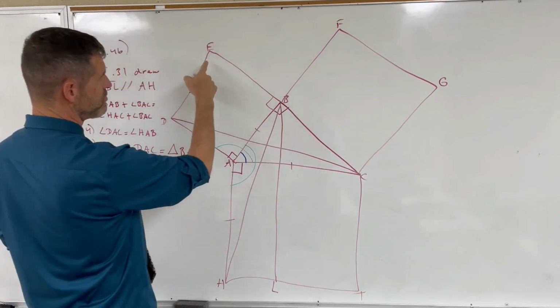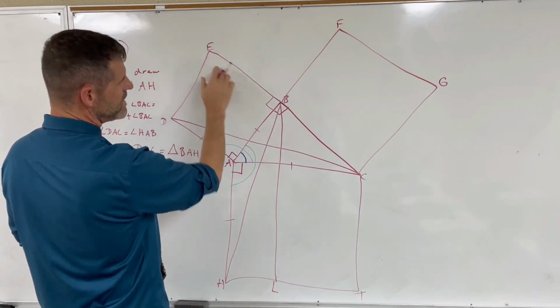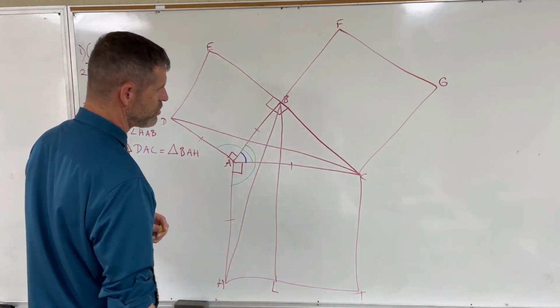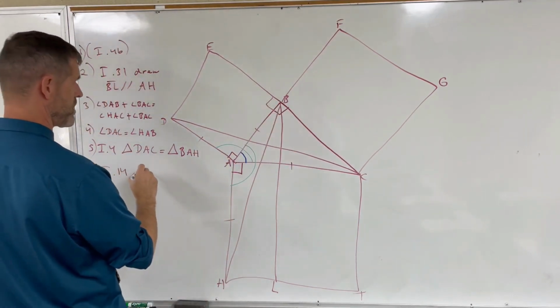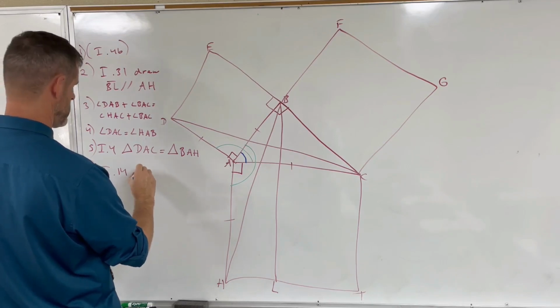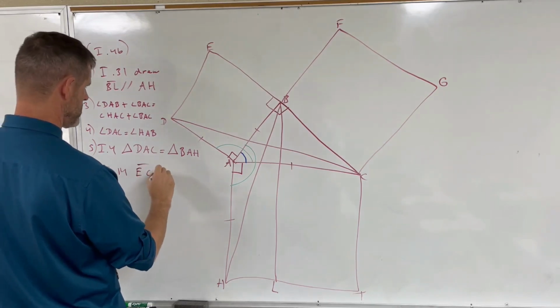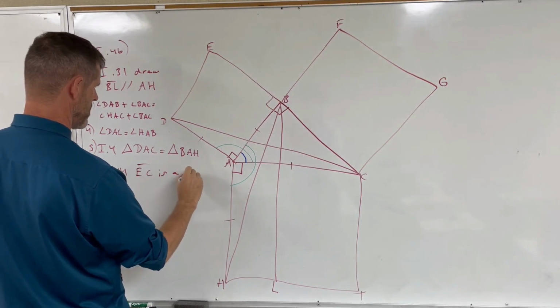So that means from Proposition 14 of Book 1 that EB is in a straight line with BC. So EC is a straight line.